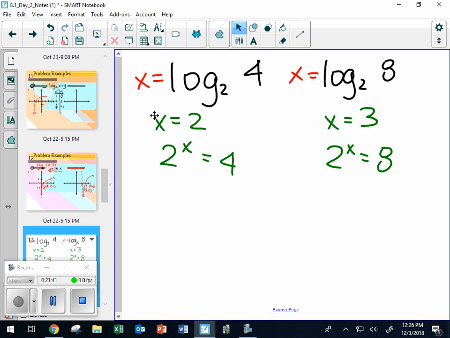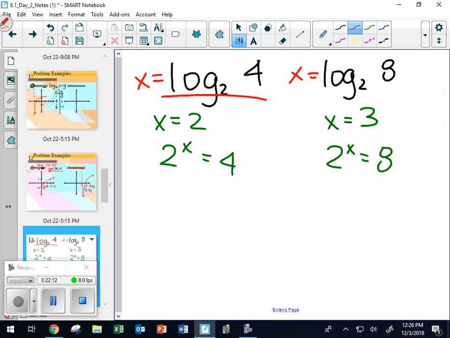If we look at these, this is something that's kind of a trick that you can use that will help you solve these a little bit faster if you're good at exponents and you don't really like using logs. So up here, we had log base 2 of 4.